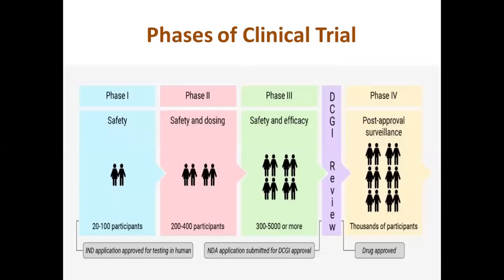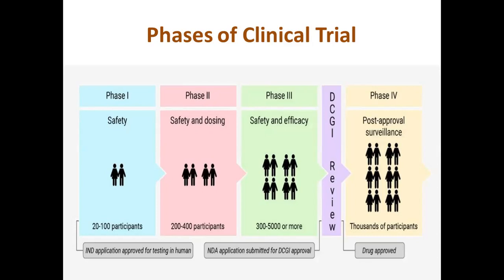Again, in this diagram we can note that first, after doing the non-clinical studies, the IND application is approved for testing in humans by the CDSCO, or we can say DCGI here. Then it will be tested in 20 to 100 participants.